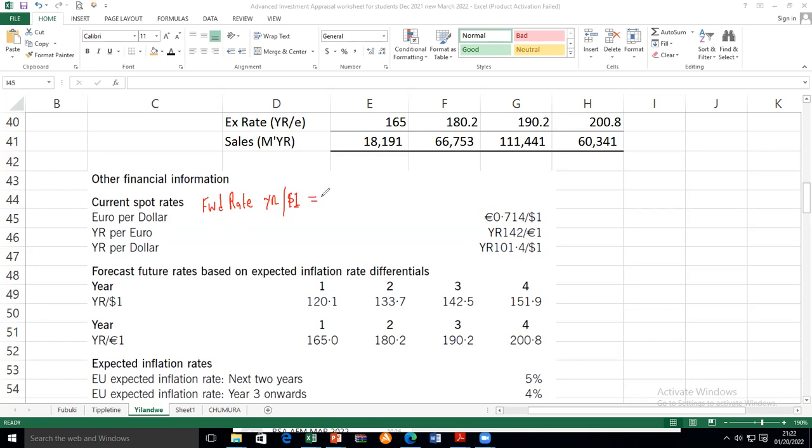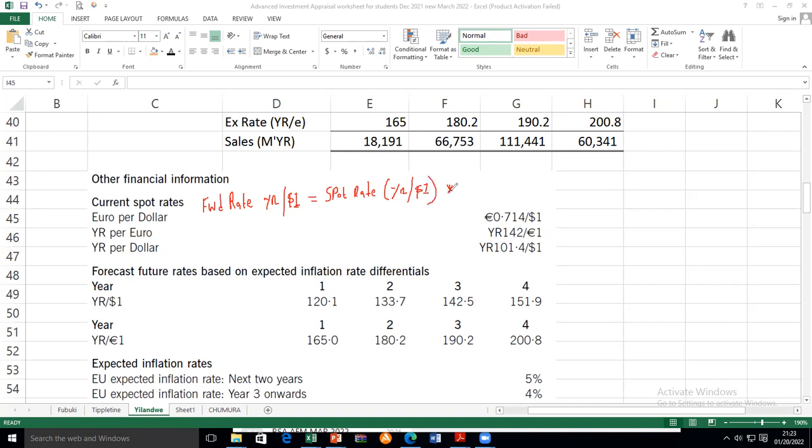To calculate that, you take the spot rate as your starting point. And this spot rate that you are taking is in the same format. What format? This is in Y rand on a single USD.